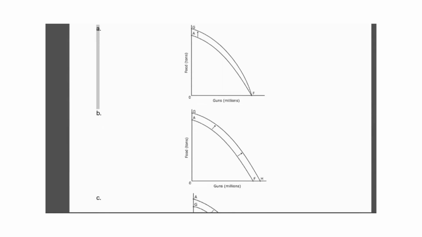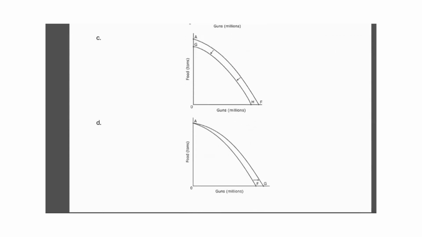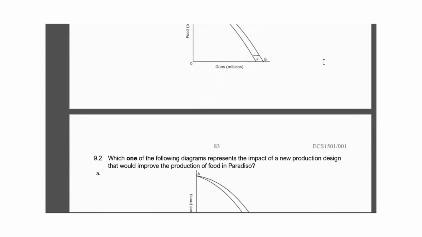A. B. Which one of the following diagrams represents the impact of a new production design that would improve the production of food in Paradiso?